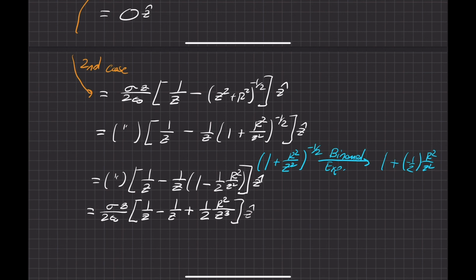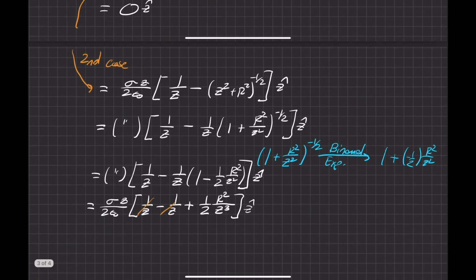Seems to make sense so far. Of course, the 1 over Z terms cancel, so I'll just cancel out those terms. And when this Z comes in and hits this thing, it ends up becoming Z squared.